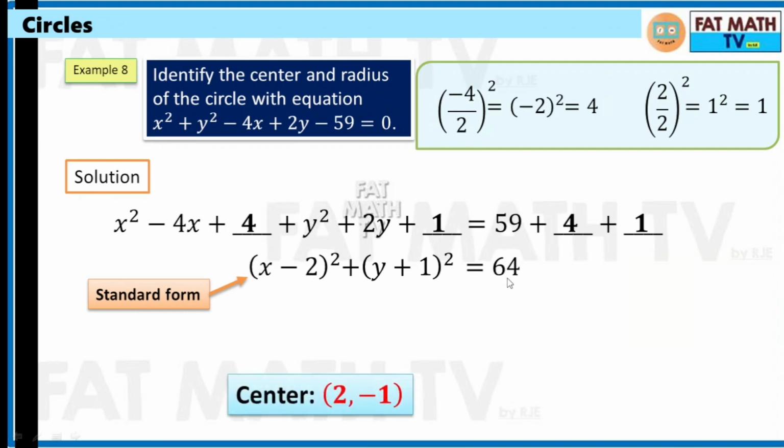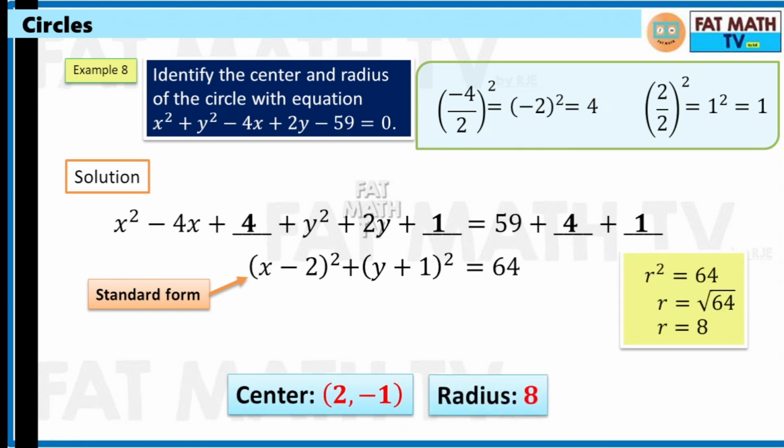So the center is (2, negative 1), and the radius is 8. Another example.